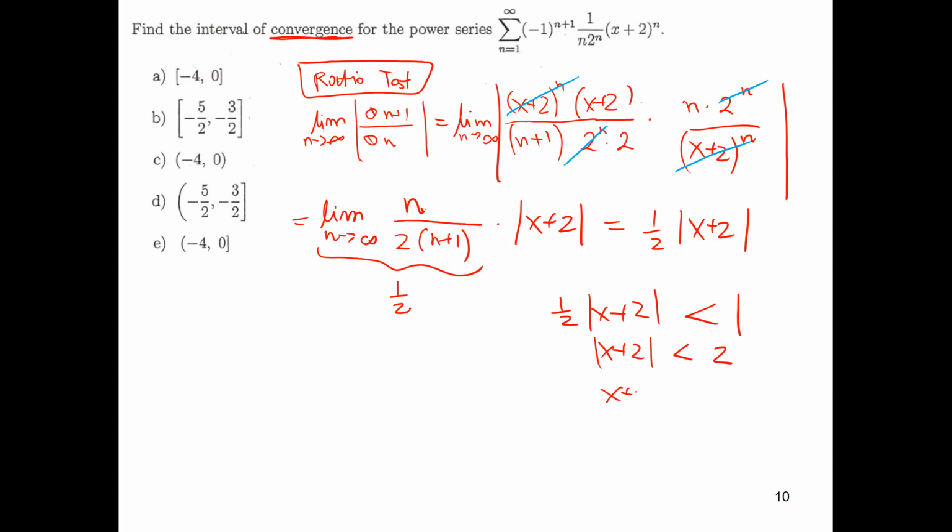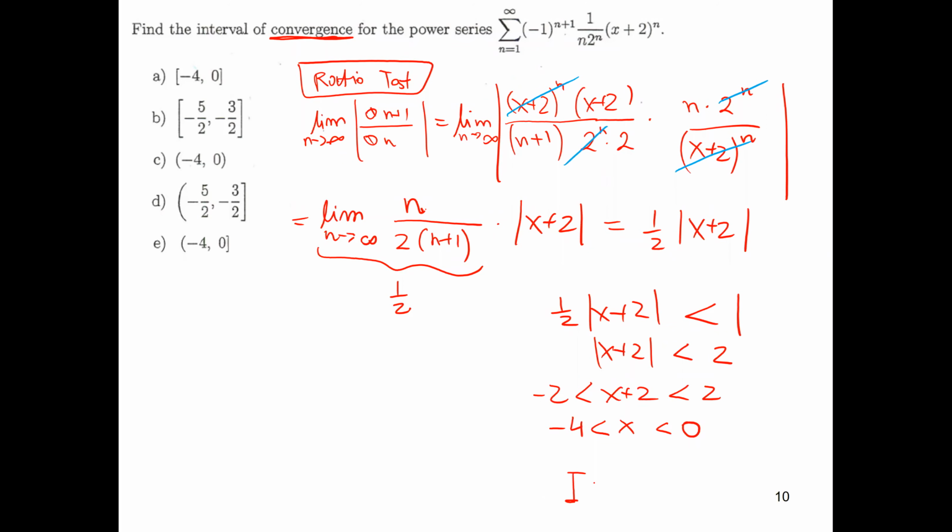And then I will eliminate the absolute value, because in order for the absolute value to be less than 2, the quantity inside must be between -2 and +2. And now let's subtract 2 from both sides. And this is almost my interval.